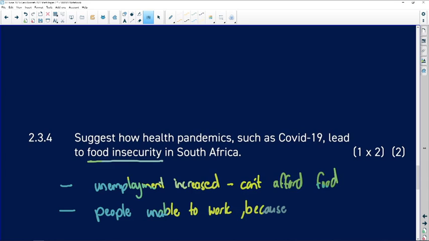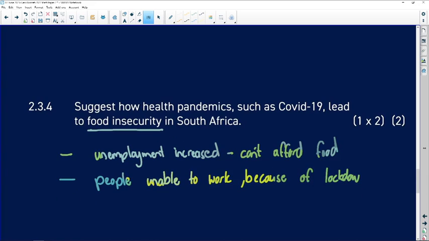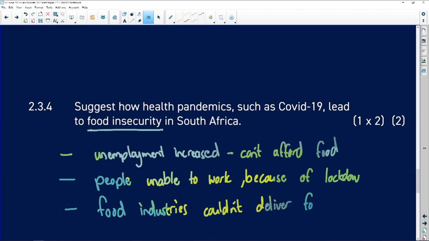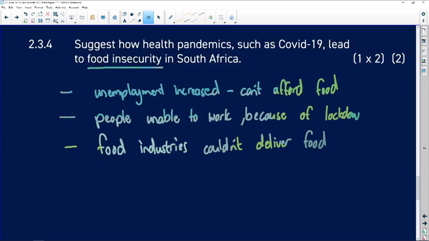Such a terrible time. Just imagine. And obviously the food industries couldn't deliver food, because of fewer people working and because of the lockdowns that we experienced.